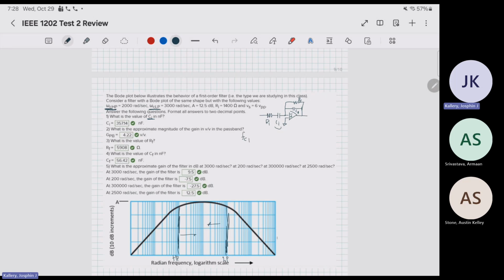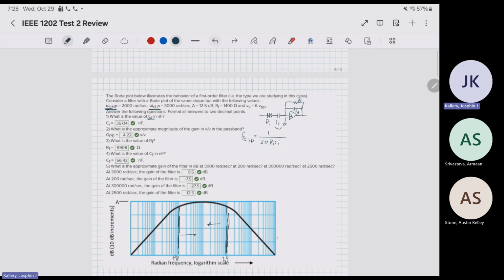So our frequency cutoff high pass equals 1 over 2 pi RI CI. We're given it in terms of angular frequency, but this is just regular frequency in hertz. But remember, if you multiply by 2 pi, we get our angular frequency. So even though it might seem like we don't have that variable, we actually do.